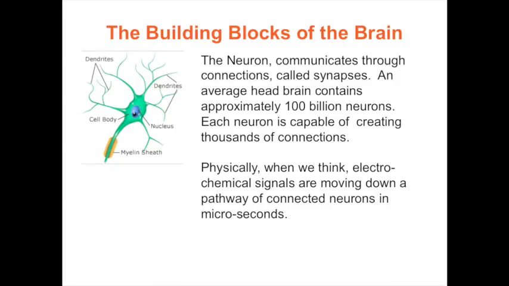An average head brain contains approximately 100 billion neurons, and each neuron is capable of creating thousands of connections, some in the tens of thousands. Fascinatingly, when we think or do anything, an electrochemical signal is actually passing down a pathway of neurons and the dendrites as they're connected together. So every functionality is based in neural pathways and electrochemical signals.